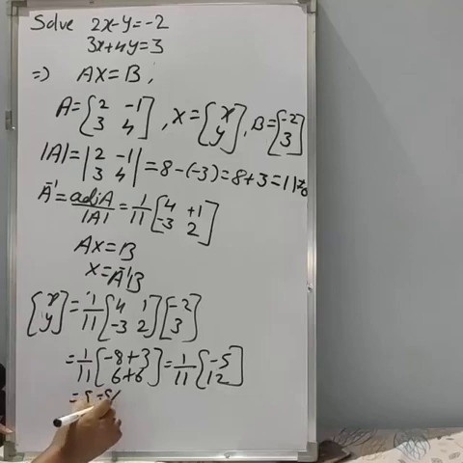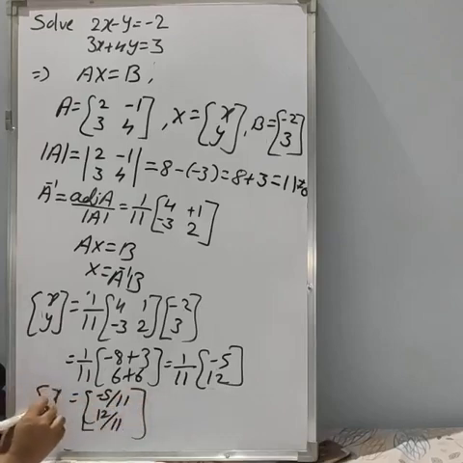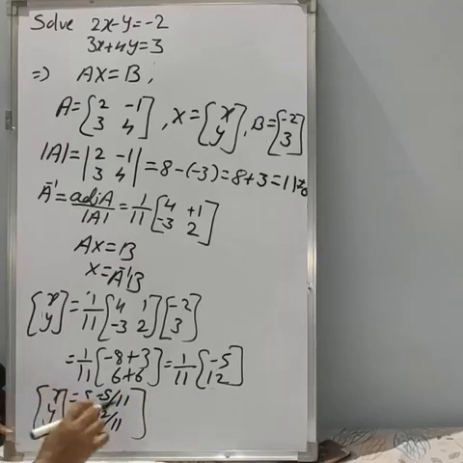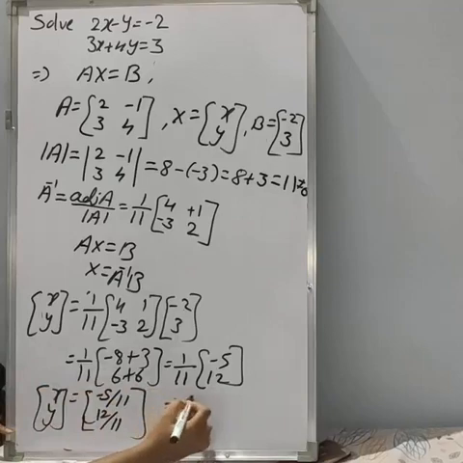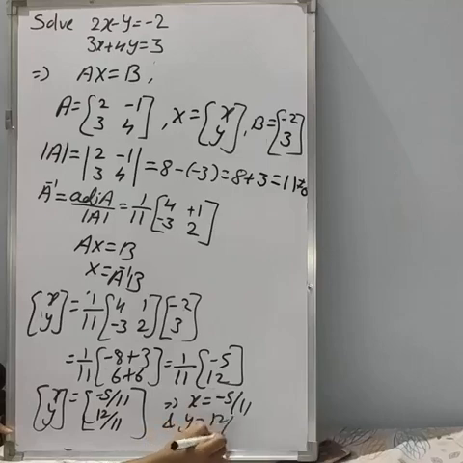You will get minus 5 divided by 11, and your next element is 12 divided by 11. So this is nothing but the matrix x and y. So write down the corresponding values. That implies x is equal to minus 5 divided by 11 and y is equal to 12 divided by 11. Okay, so those are the values of x and y.